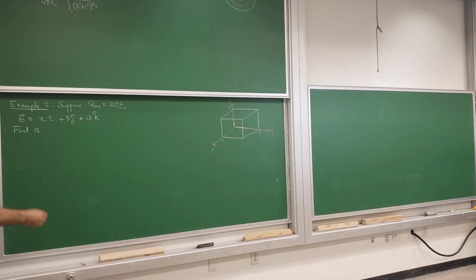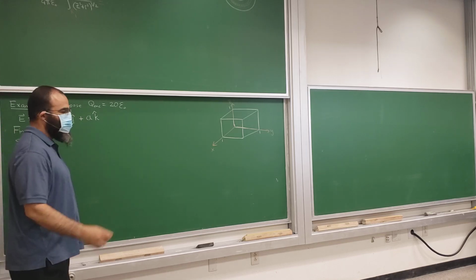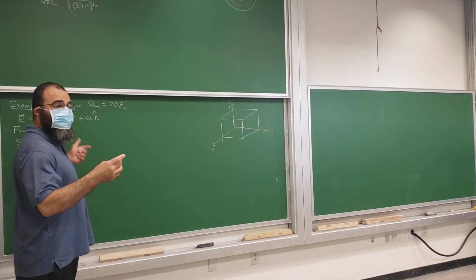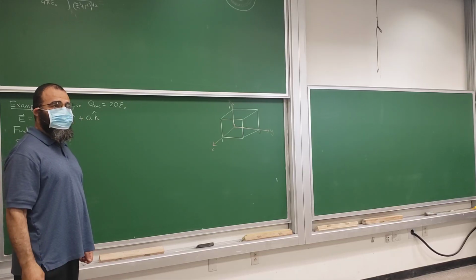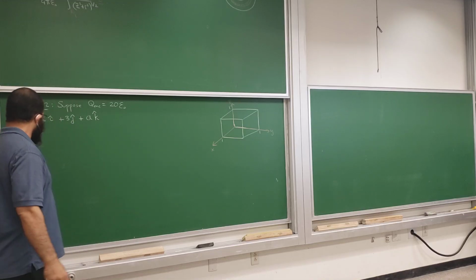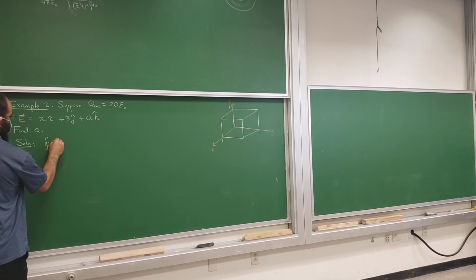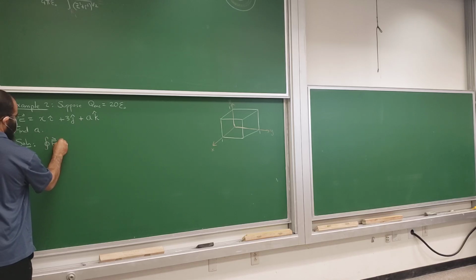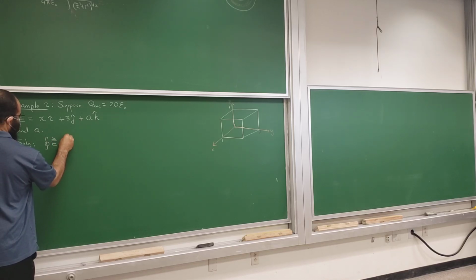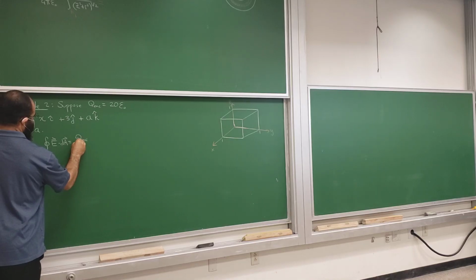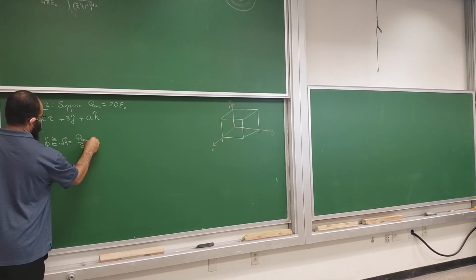So Gauss's law. I think it's clear we should use Gauss's law. If you have charge enclosed, and you're given the electric field, there is a relationship between the electric field and the charge enclosed. We know the closed surface integral of E dot dA equals Q over epsilon naught.